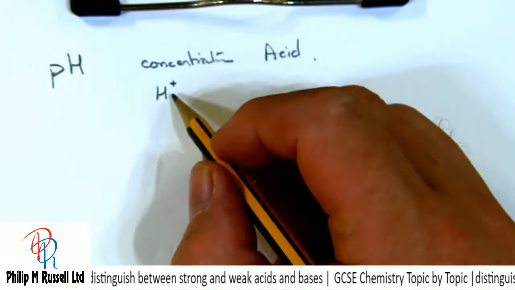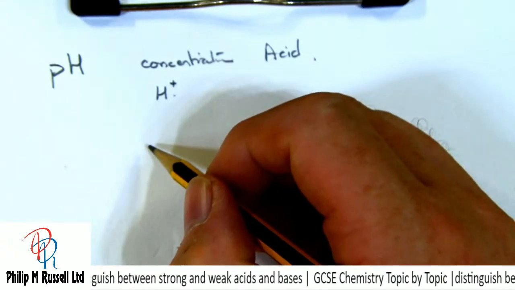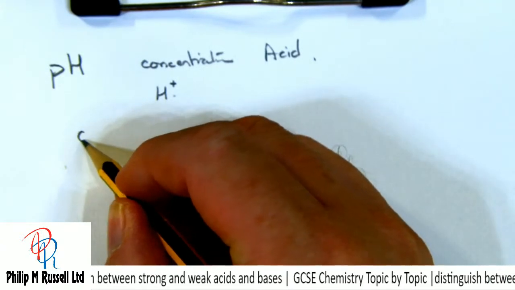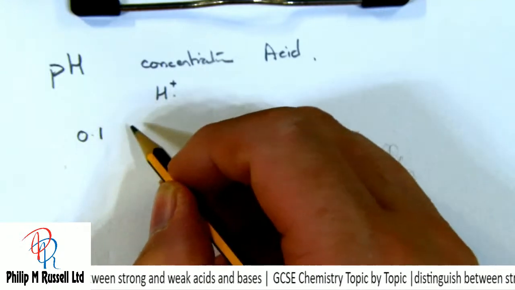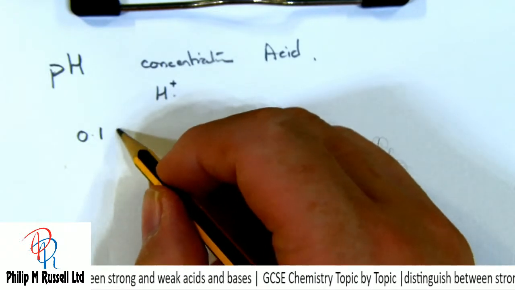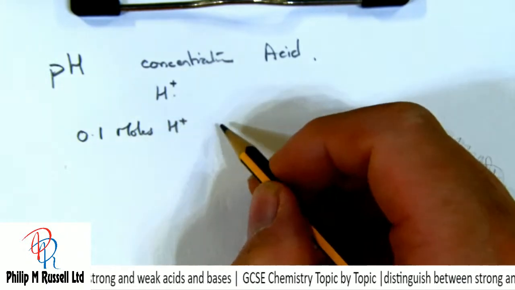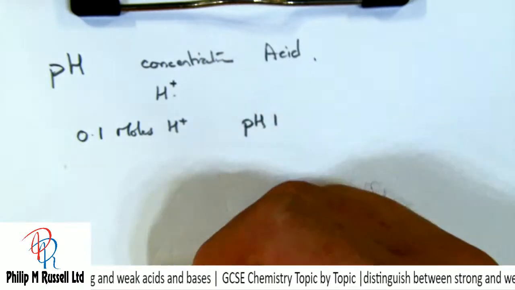So we're looking at the concentration of hydrogen ions, and the way it works out is that if we've got a concentration of 0.1 moles of H+ ions, we're going to call this pH 1.